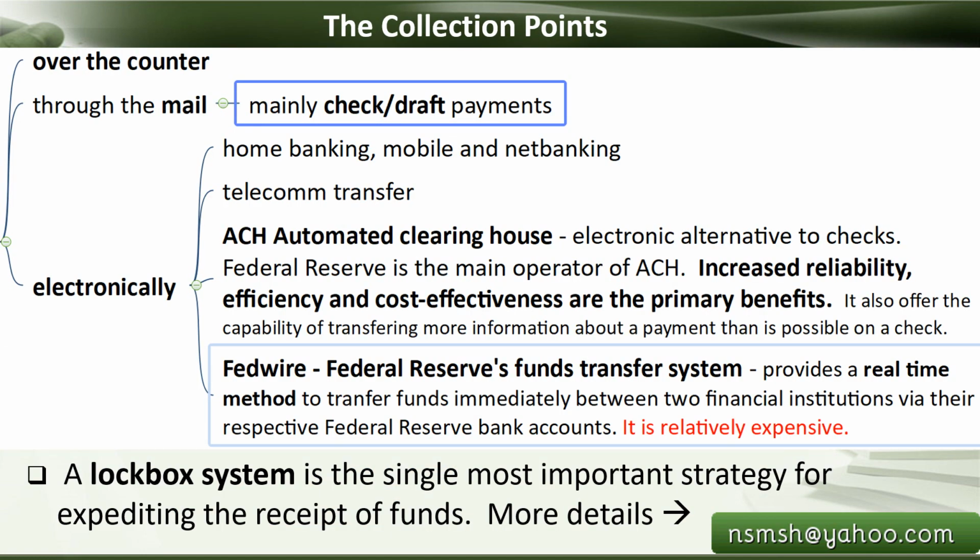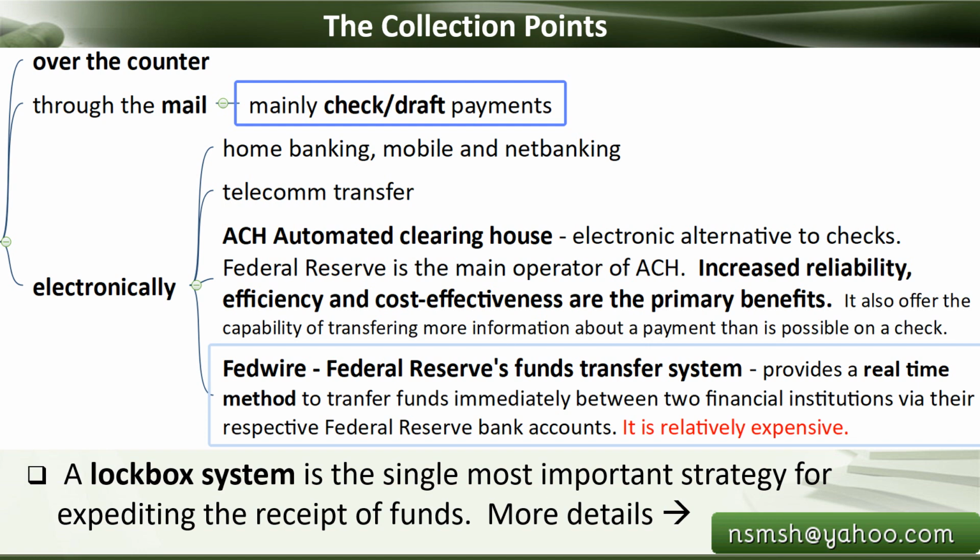In order to improve the collection speed, there may be a lot of collection points that an organization can arrange. One is the natural choice that every organization has, that is over the counter. There may be a cash counter where they receive cash and checks, an over-the-counter arrangement.